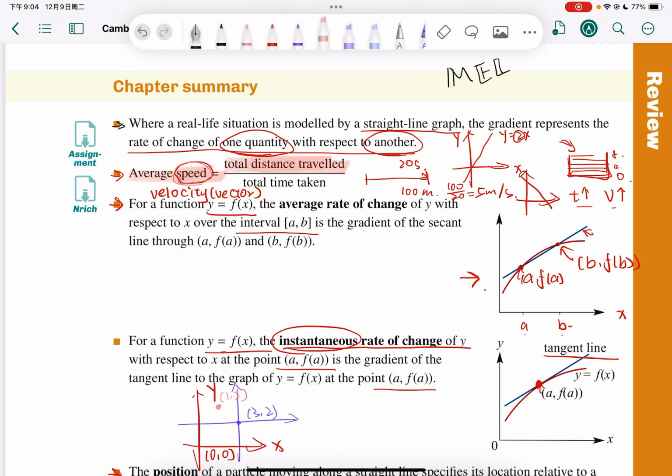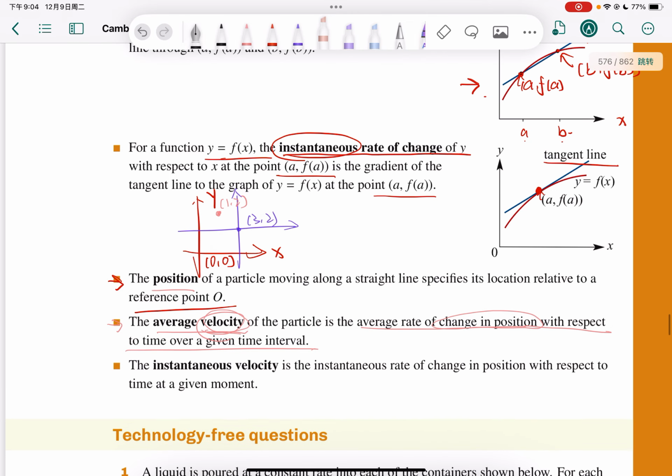But in contrast, when we're talking about velocity, we're actually saying the rate of change in the position. When we are talking about position, for this pink point, we're actually taking the vector of the coordinate. So if position is a vector, then velocity must be a vector.